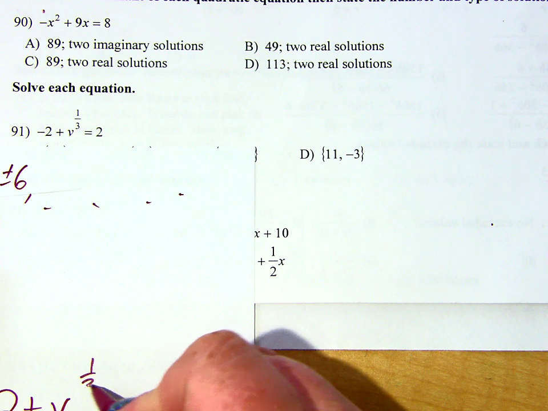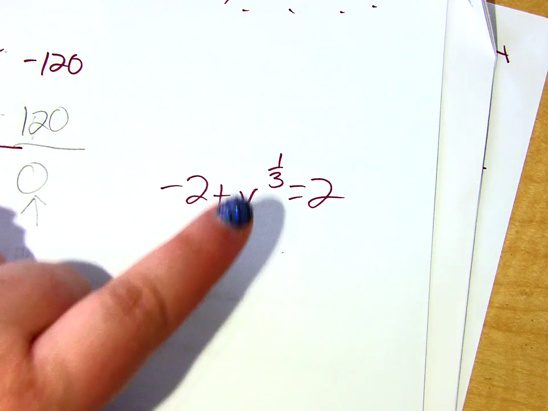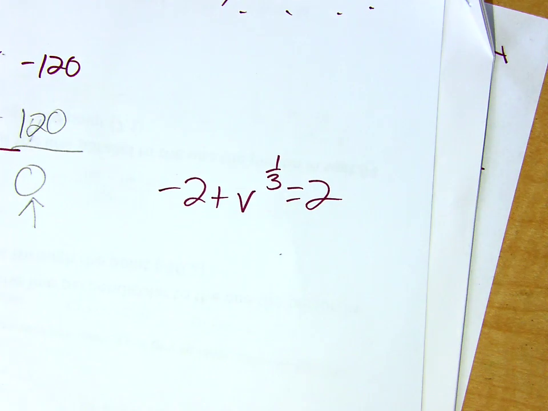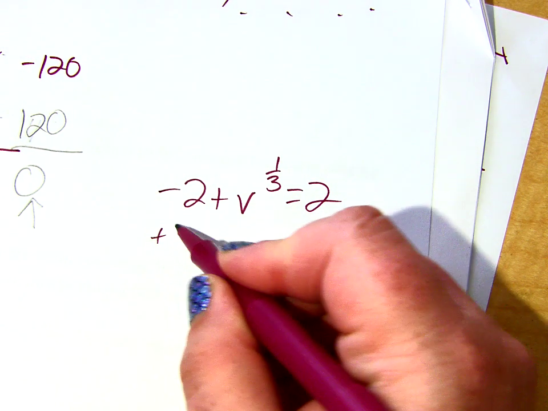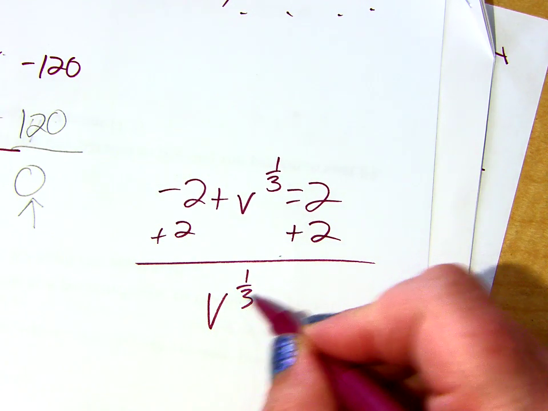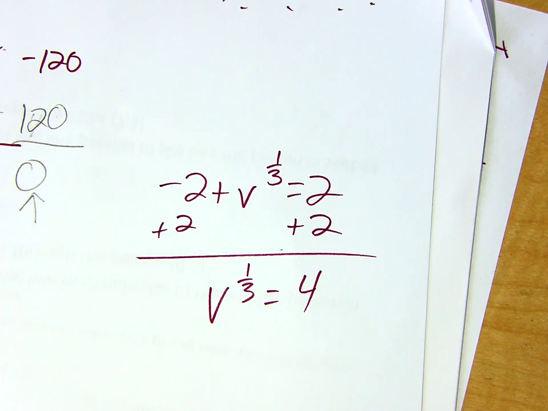I want one-third equal to your equation, something like this. You want to get the thing where the expression is by itself. So your step would be 2.